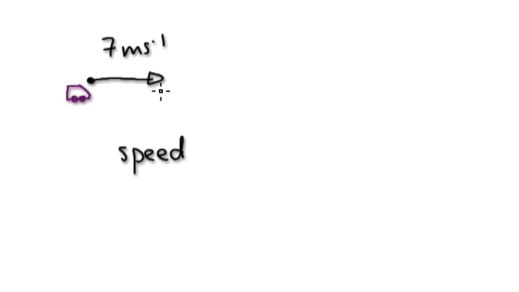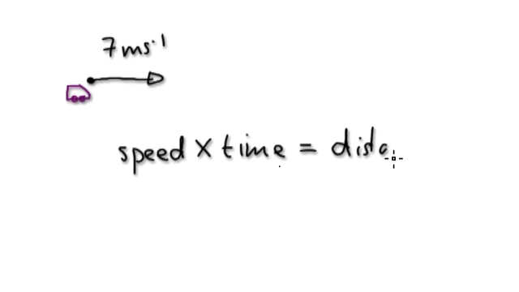Okay, so I know it sounds weird, but let's say speed is 7 meters per second. Now, if you're given the speed, and you times it by time, that will give you the distance.